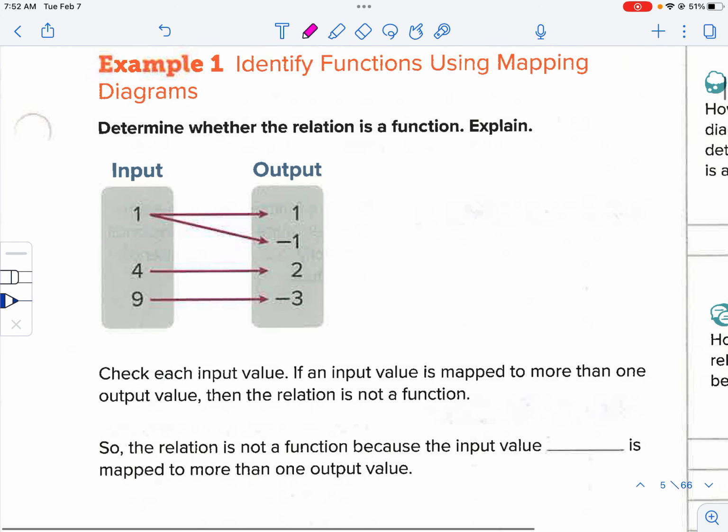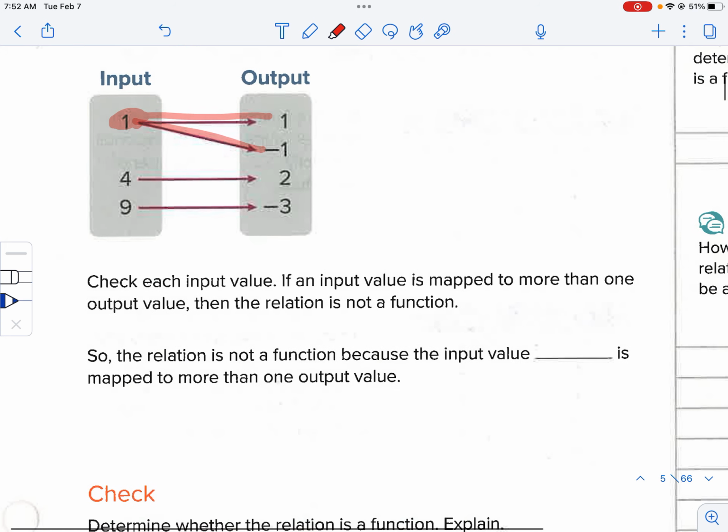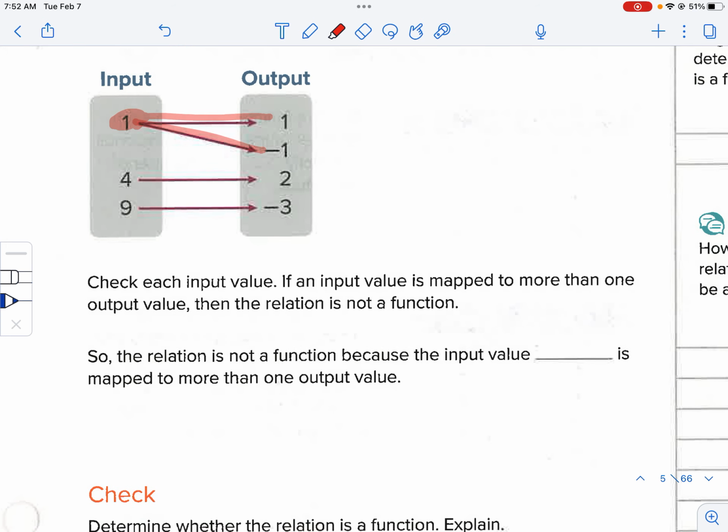Okay, so let's look at this. 1 goes to 2 different things. So is that a function or not a function?